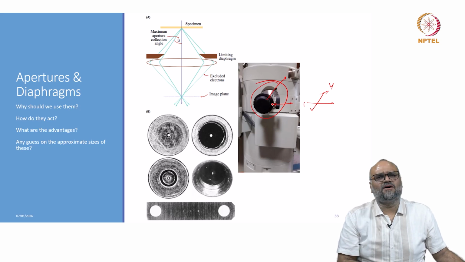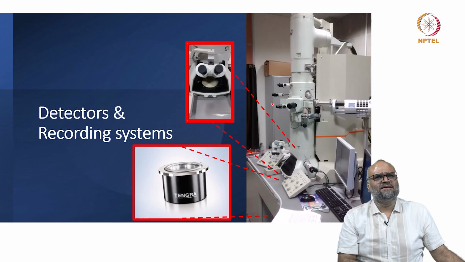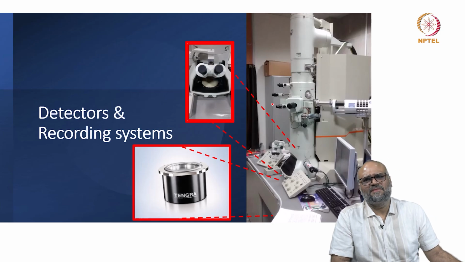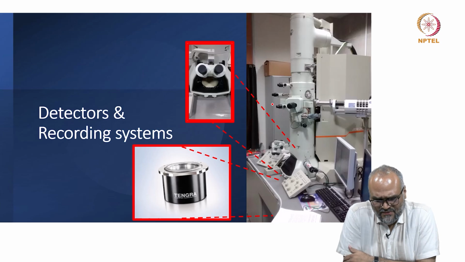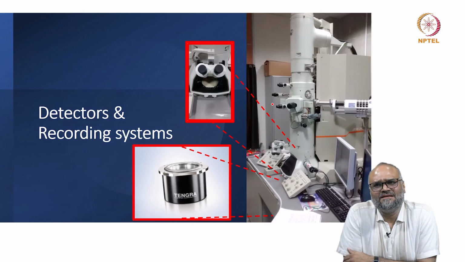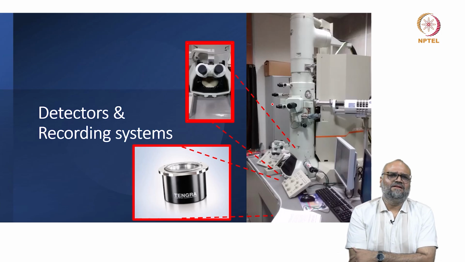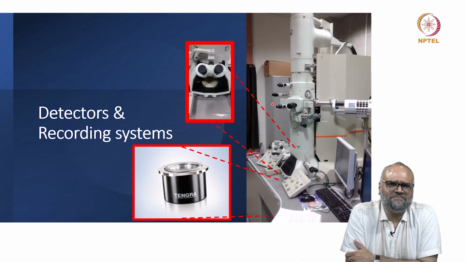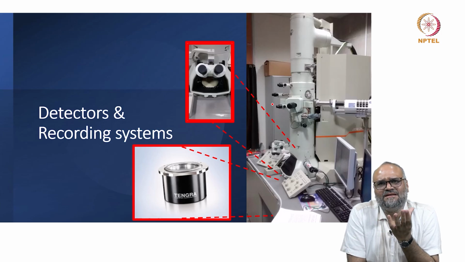The next important component is the detector or the recording system. There are various detectors and recording systems available. Predominantly these started with photographic plates or photographic films, where you typically have silver nitrate film, and on exposure to the electron beam, this undergoes a reaction and you fixate the intensity distribution on a photographic plate.